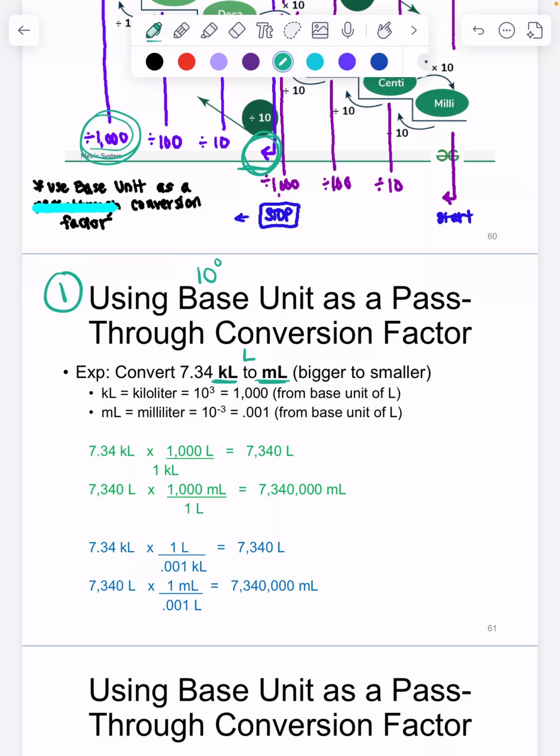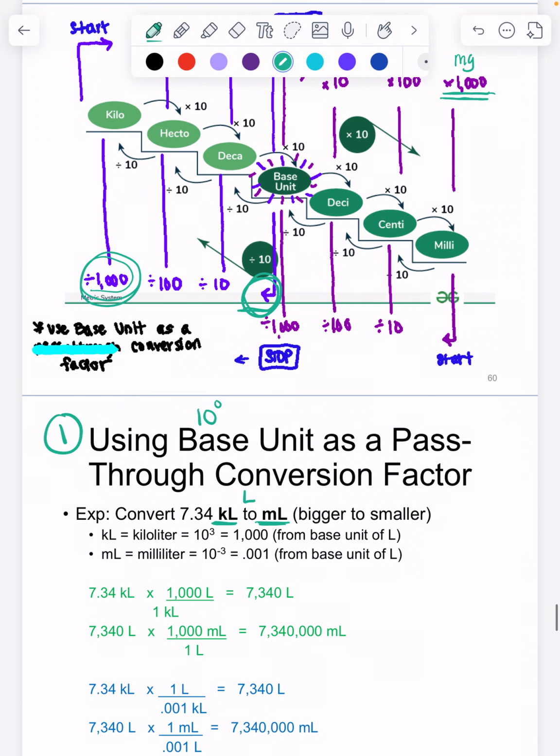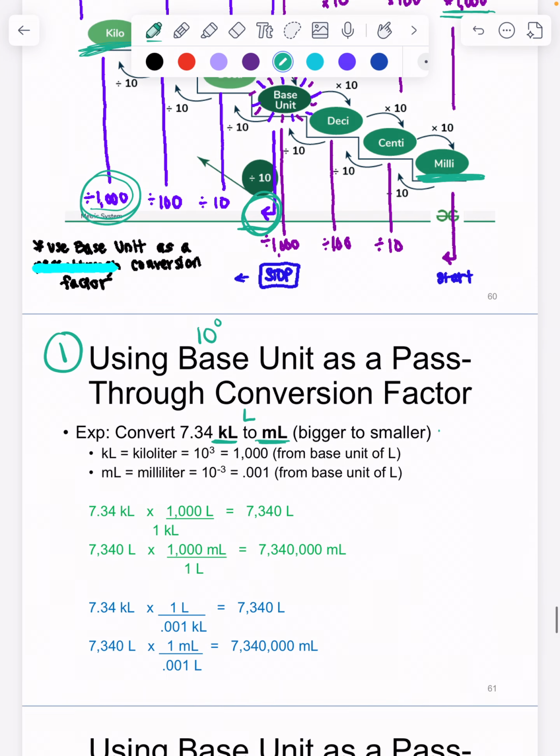So we have an example here. Convert 7.34 kiloliters to milliliters. So we're moving bigger to smaller. As we can see if I scroll up a little, we're moving from right over here, kilo, and we want to get all the way down to the bottom at milli. So we're moving right, and our number is going to get bigger.